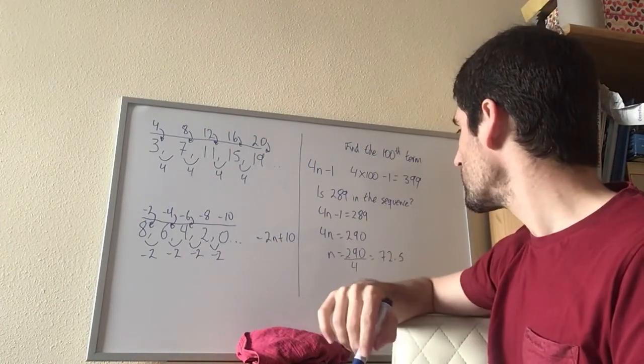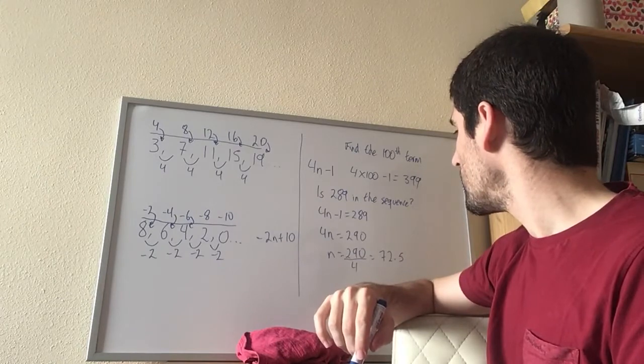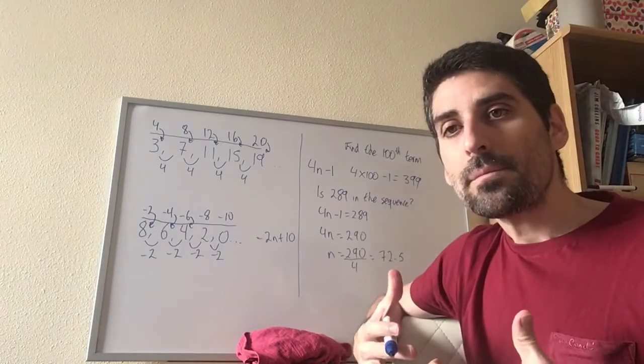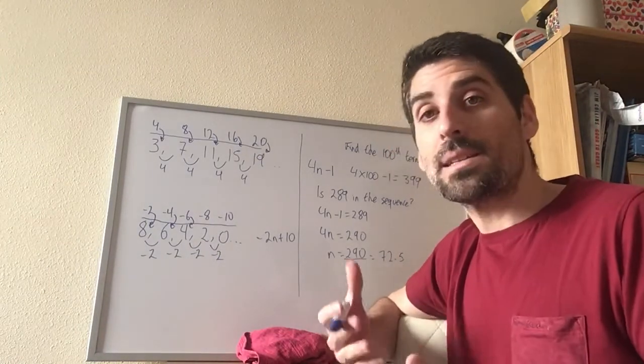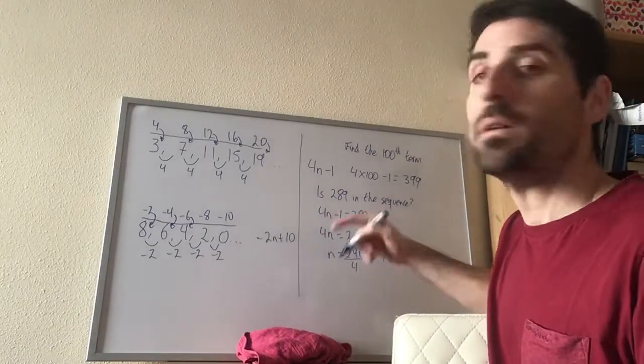Is that right, Ocho? Yes, okay. So, if your answer is a decimal, if n is a decimal, then this number is not in the sequence.